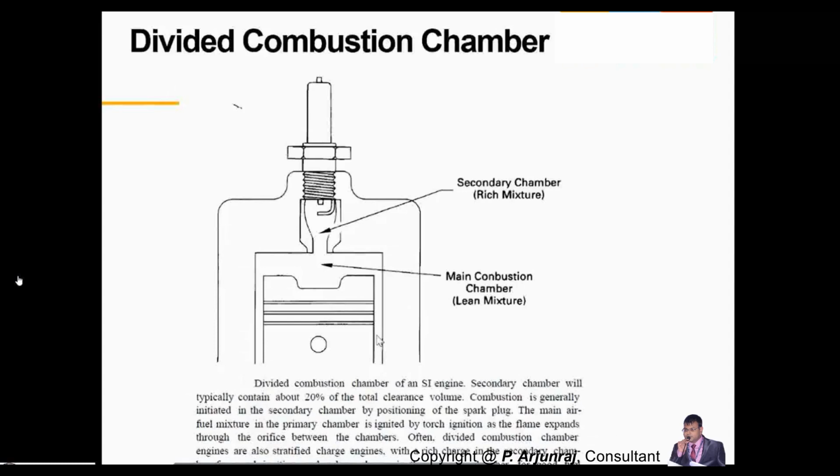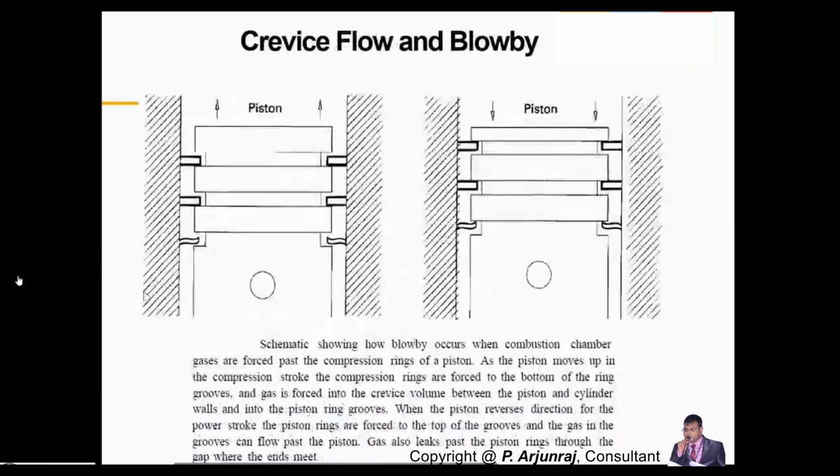I told you there are different types of losses happening in an engine: blow by loss, blow down loss, pumping loss, time loss, heat loss. And one important loss is the blow by loss, where the exhaust gas leaks past the piston and ring. That is nothing but blow by loss. So you need to reduce the blow by loss.